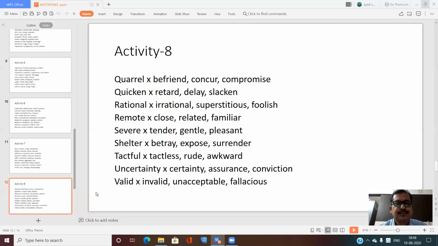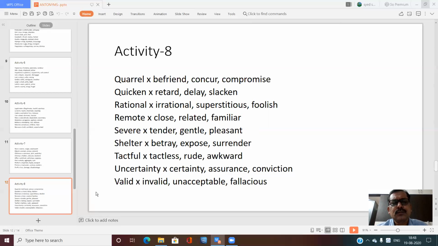Next, activity 8. Quarrel. Antonyms: befriend, concur, compromise. Quarrel, befriend, or cordial, you can say. Concur, compromise.